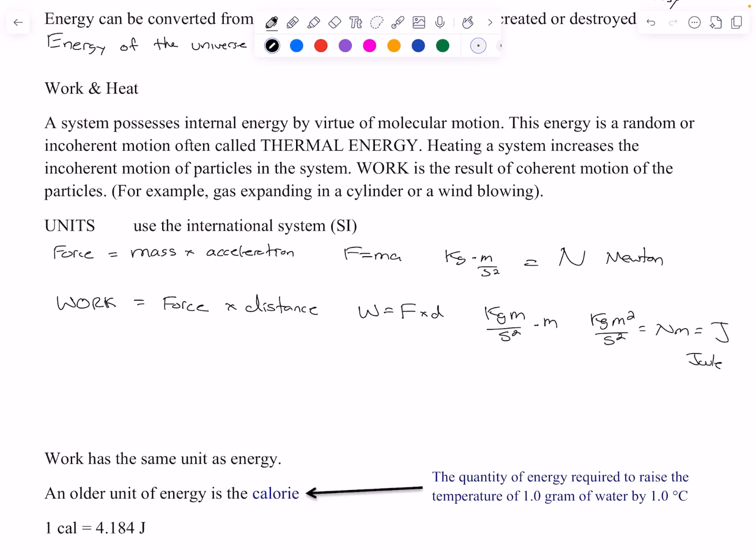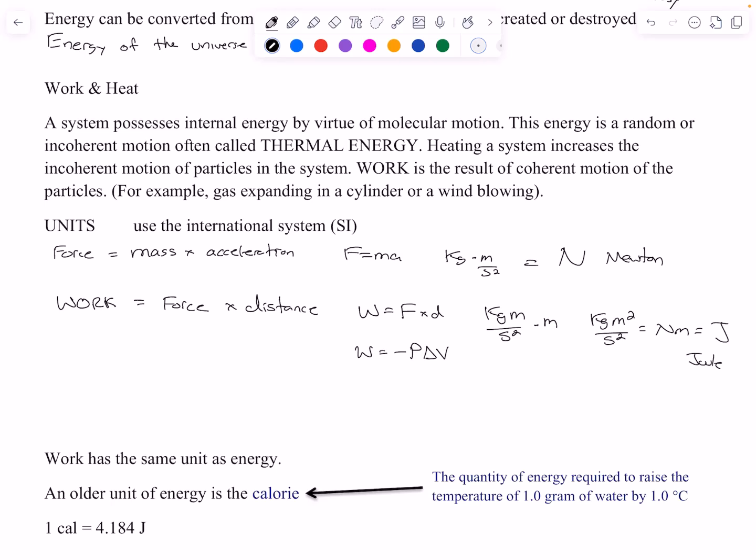Now, work is also negative P dV, negative pressure times change in volume. Okay? And that's the car example we just talked about, right, where that cylinder expands, right, it got bigger. But we're actually doing work on the system, and so we're not going to do a lot of that in here. I'm just showing you that it works that way.